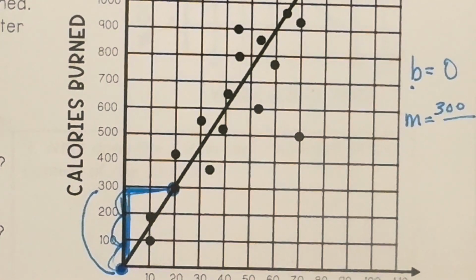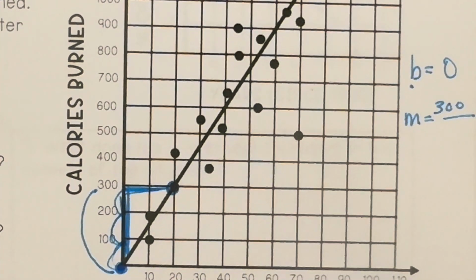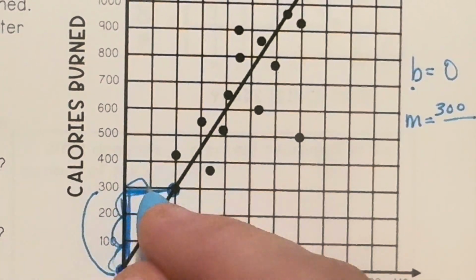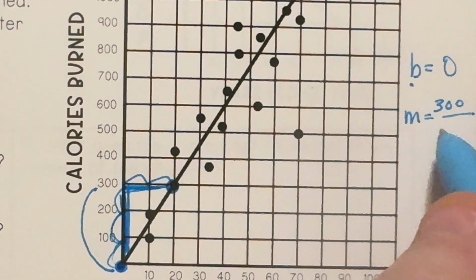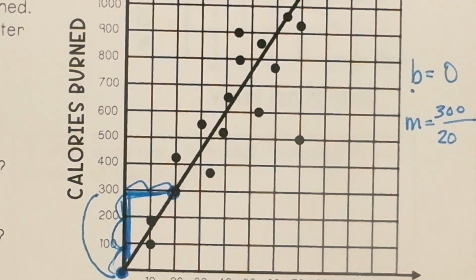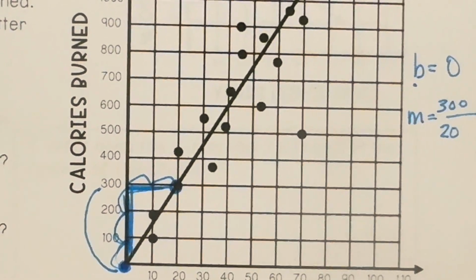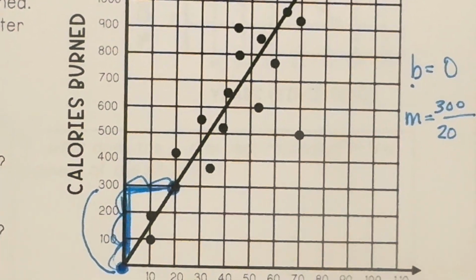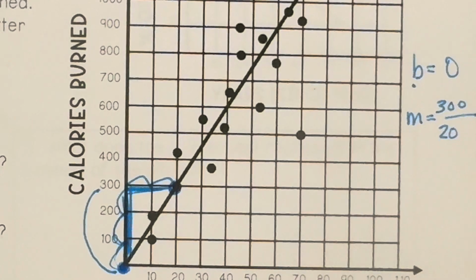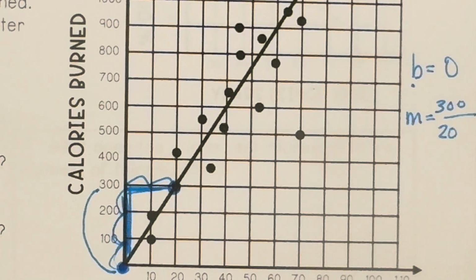You notice that my minutes are counting by tens. So I have 10, 20. So 300 over 20. Now remember, you can put that into Desmos. It is going to give you a decimal number, but if you click the 2 little boxes on top of each other on the left-hand side, it will turn it back into a reduced fraction.